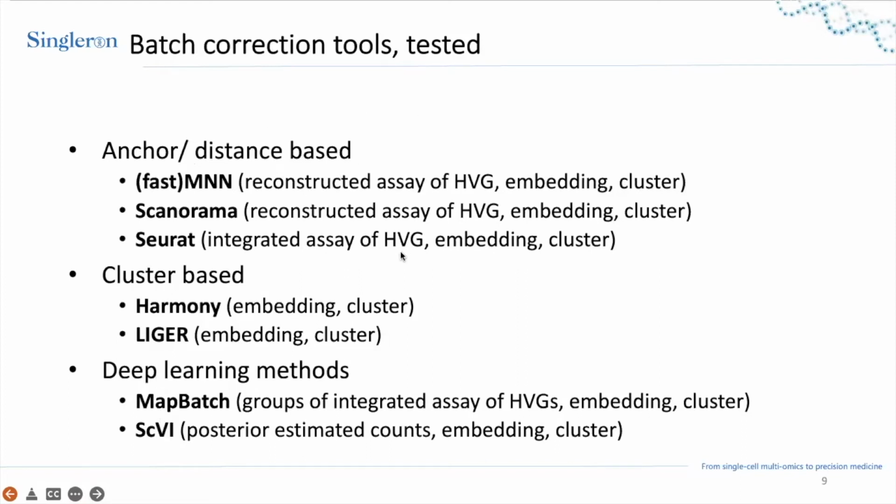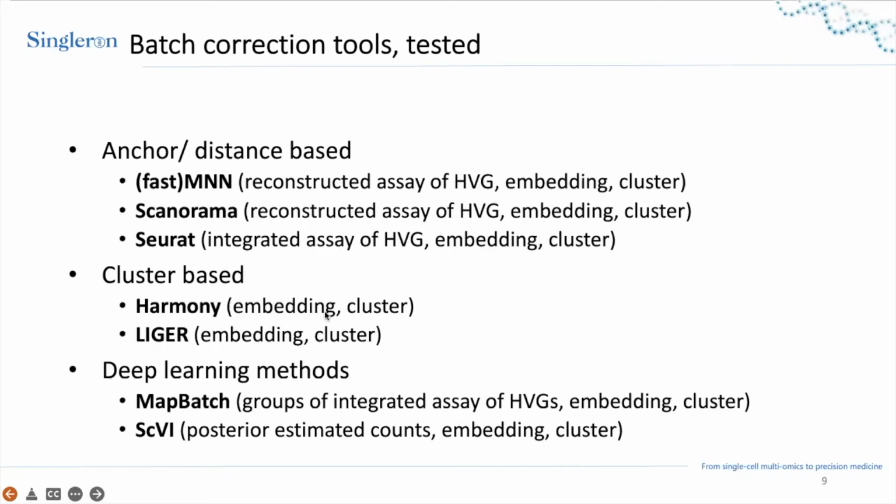Most of the tools make use of the highly variable genes, followed by the embedding, and the clusters can be obtained from the calculated embeddings from the tools. For the cluster-based tools, because their focus is on the cells themselves, they don't return integrated assays, for example.